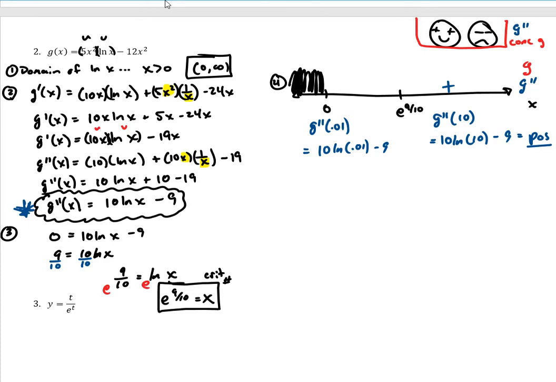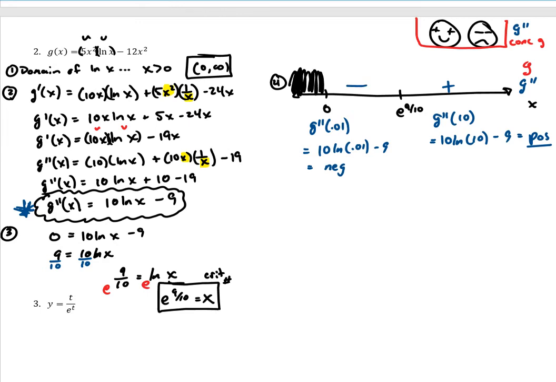Well, the natural log of 0.01 is a negative number. Minus 9 would still be negative. If the natural log of 1 is 0, then anything less than 1 would give us a natural log of a negative number. Again, you could just plug it into a calculator to really verify. I'm just saving that one step. Okay, so this is negative there.